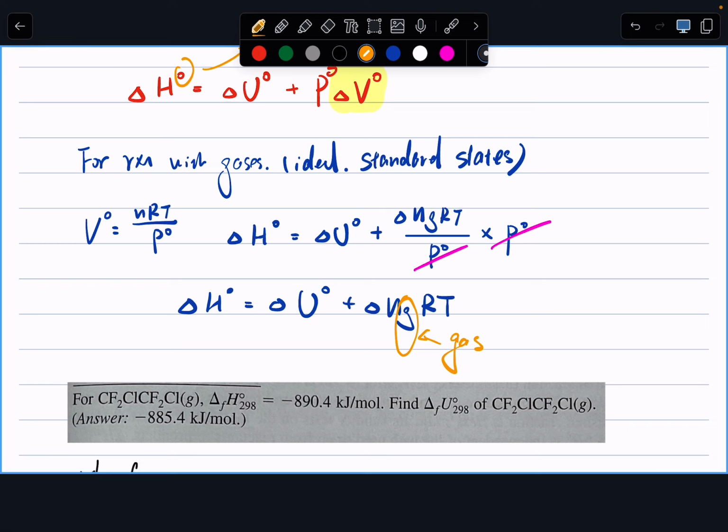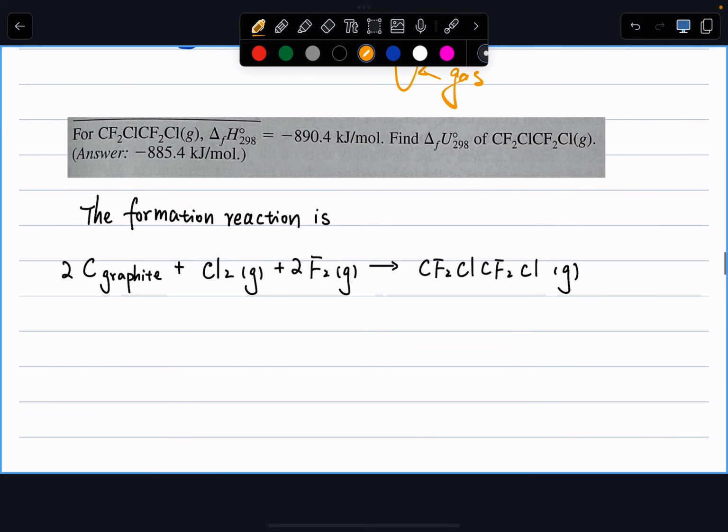All right. And then we can have a typical kind of reaction. So let's say we know the delta H of formation of this gas, which is CF2Cl, CF2Cl, and we're asked to calculate the delta U of formation for the same gas. To transfer between your delta H formation and delta U formation, you count the difference in the number of gas molecules.